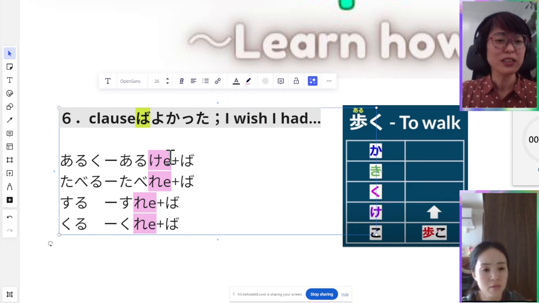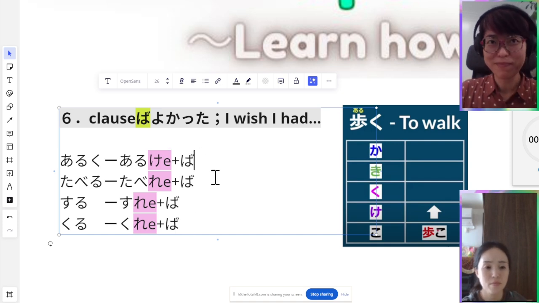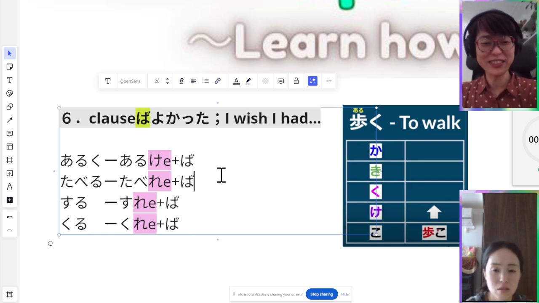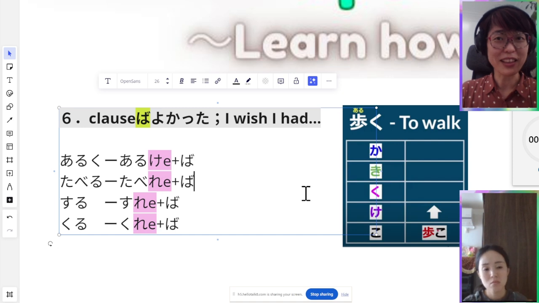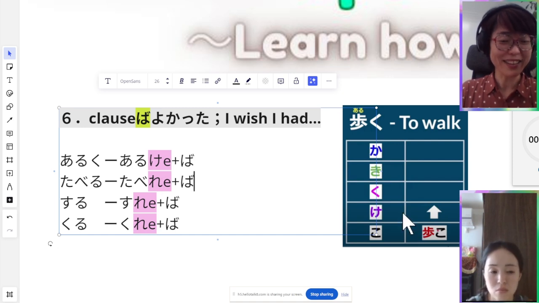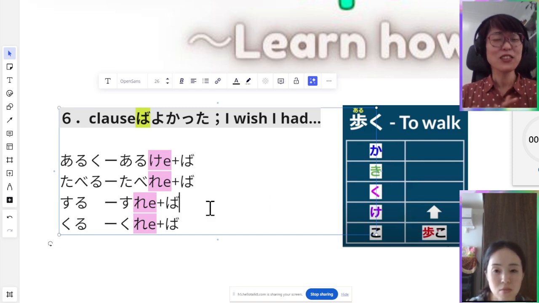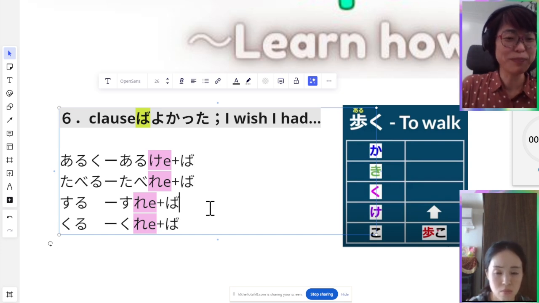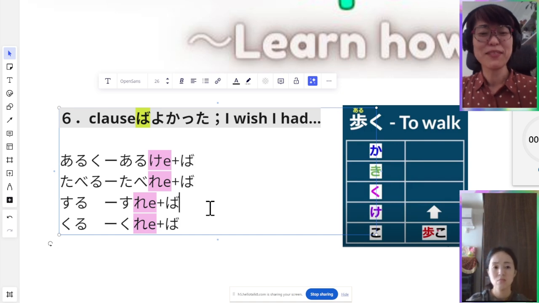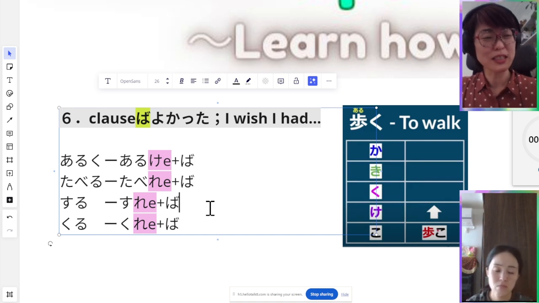However, you see 歩く, a 五段 verb, 食べる, an 一段 verb, and する and 来る, irregular verbs, they all follow the same pattern. You just go to the e column. So you're going to be okay, which is really easy. 歩けばよかった, 食べればよかった, すればよかった.